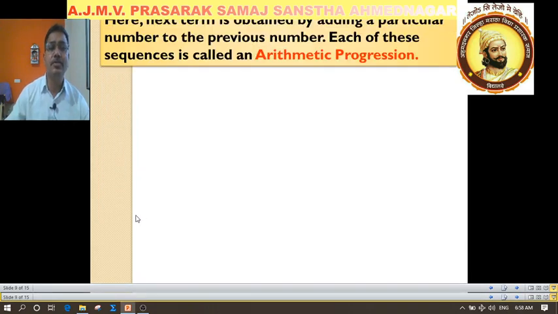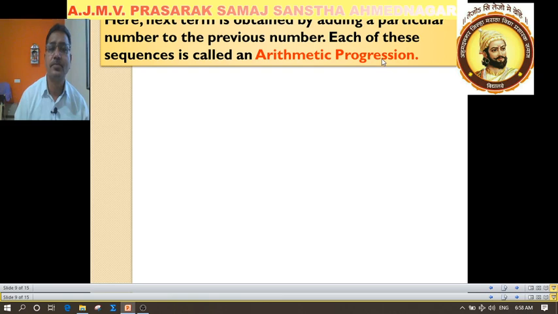So see here, in the sequences first, second, third, the next term is obtained by adding a particular number to the previous number. Each of these sequences is called an arithmetic progression.